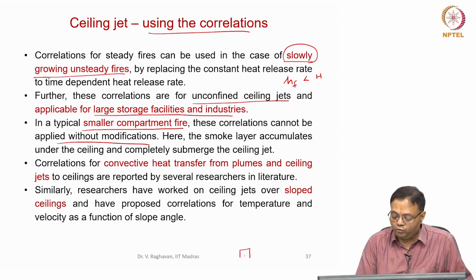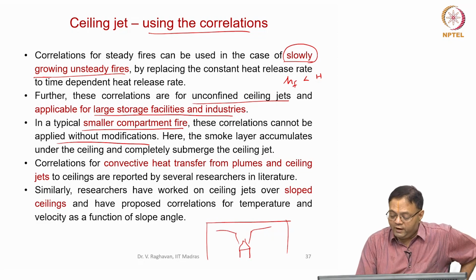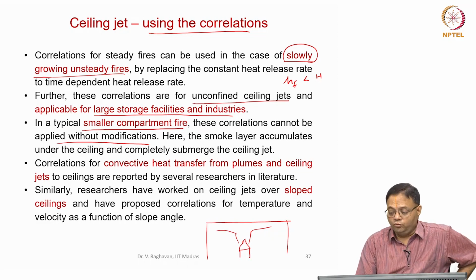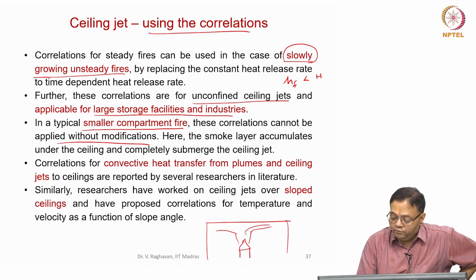Because I have a fire source and I have a compartment with a ceiling, and the fire plume forms and the ceiling jet goes. Now this fire is growing. So what happens? The hot gases go and the smoke layer which is hitting the ceiling will descend down.